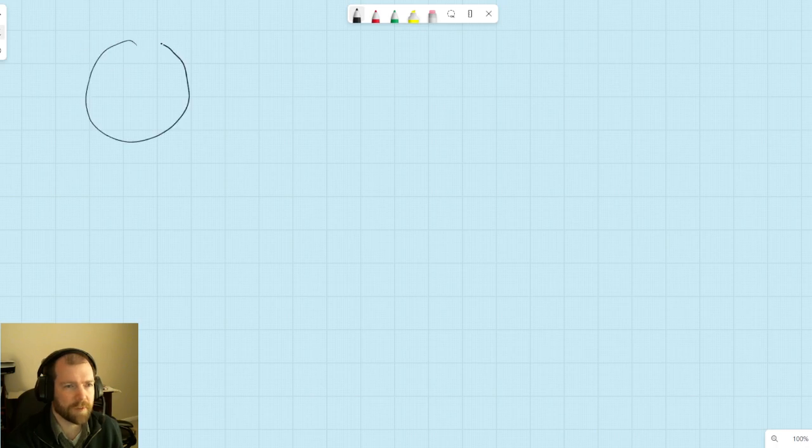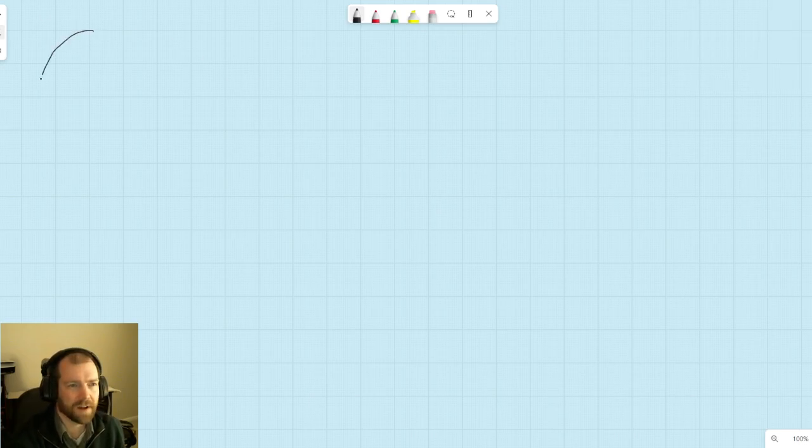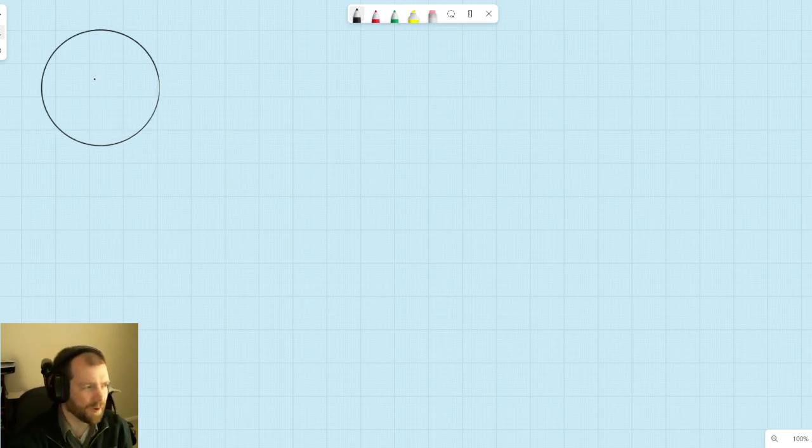This thing was correcting me earlier and making my circles perfect. Now it's not doing that. That's frustrating. Enhance inked shapes. There we go. Perfect.